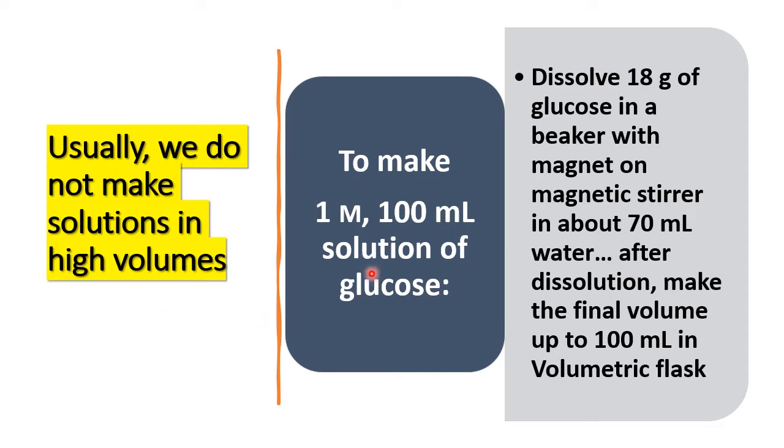Like you may make 1 molar glucose solution in just 100 ml. To make that, you dissolve only 18 gram of glucose in a beaker in a similar way in less volume, like 70 ml of water, and after dissolution you make the final volume to 100 ml in a volumetric flask. And remember, always use a volumetric flask to make the final solution to get the correct concentration.